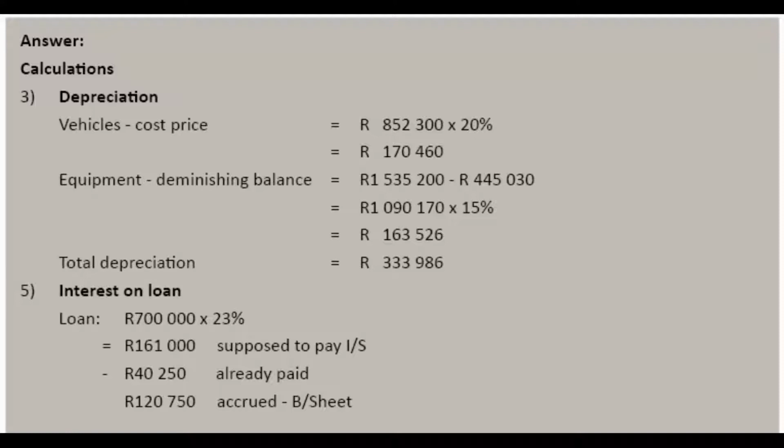Number 6, the home has not yet paid the manager's salary. We're going to debit salaries. Let's see if we have a salaries account in the nominal section. Yes, salaries and wages, the total there is 622,940. We're going to debit salaries and wages and credit expenses accrued 40,000.